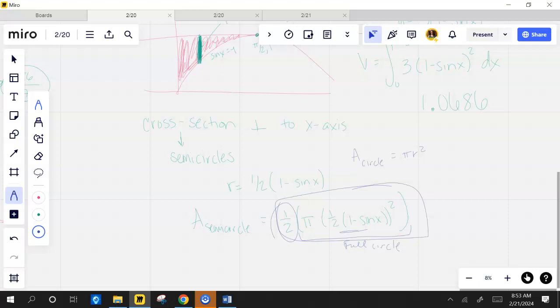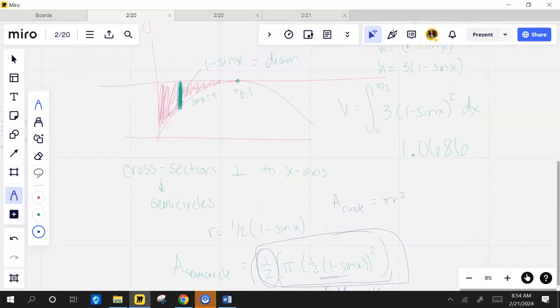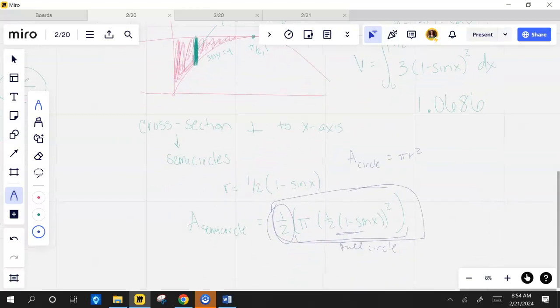No, 0 pi. What'd you get? That's different than what we got. Are you going from 0 to pi over 2?